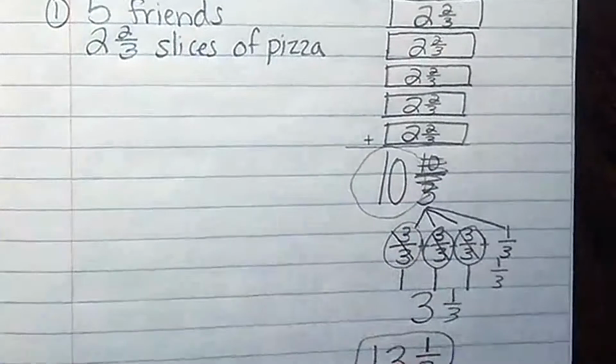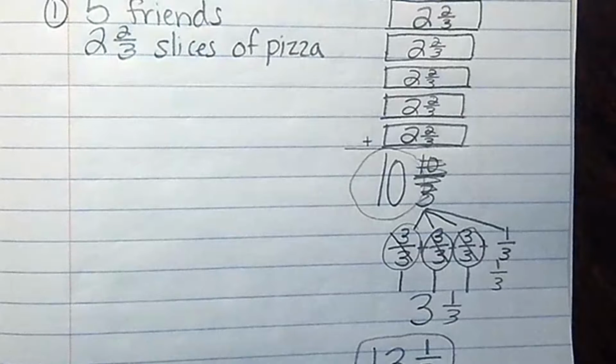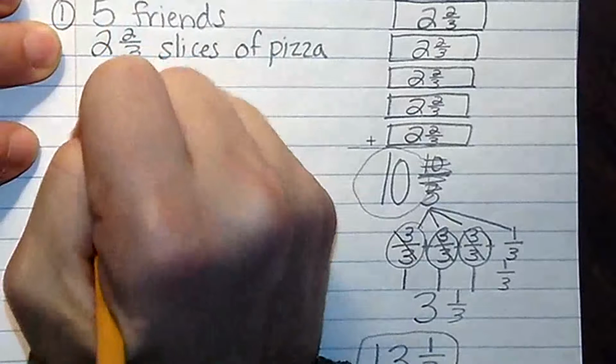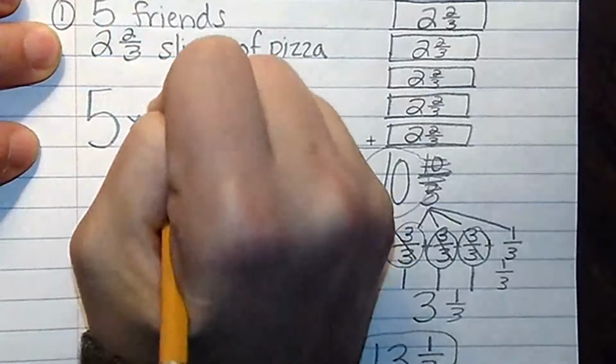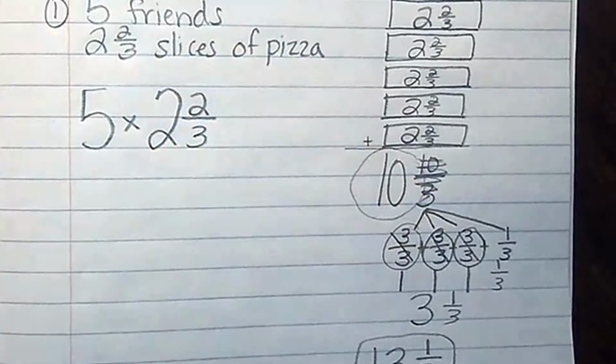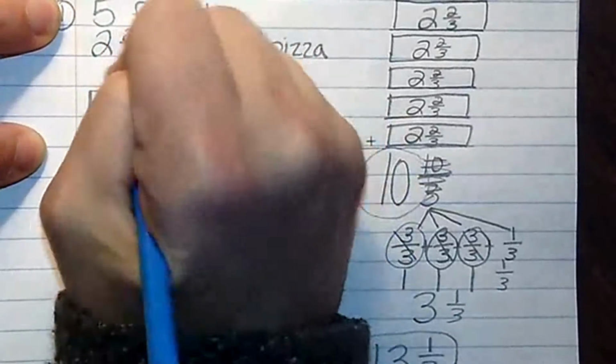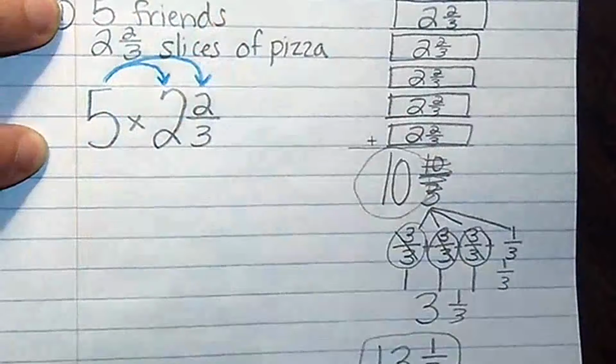This is one way to do it. If you like the repeated addition way, you are welcome to do that every time if you want. That's not my favorite way. If I have 5 friends and each person is going to eat 2 2/3 slices of pizza, I'm going to use what's called the distributive property, and I'm going to pass out the 5 to the 2, and I'm going to pass out the 5 to the 2/3.